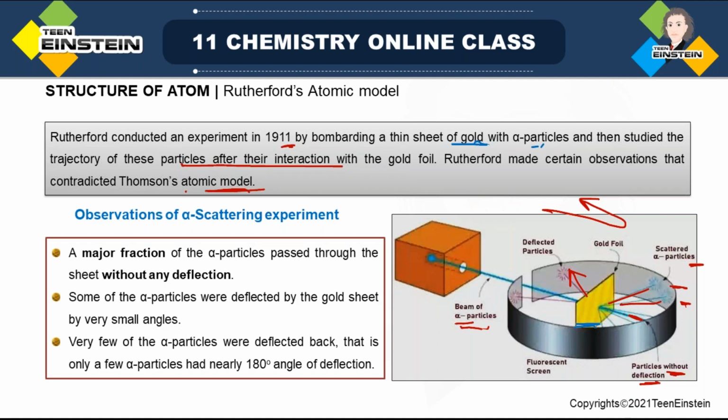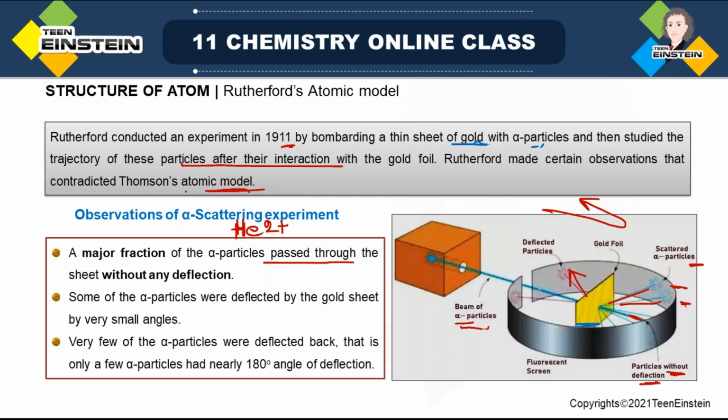So observations, if we mention them in simple points: a major fraction of alpha particles pass through the sheet without any deflection. Most of the alpha particles or helium-2+ pass through the sheet without any deflection.